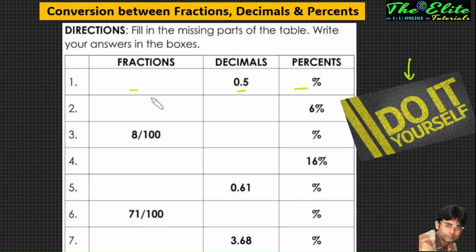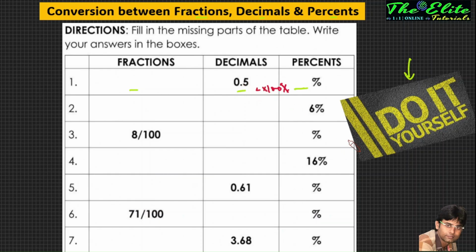You can see here that 0.5 into percent, as I told you earlier, just multiply a decimal number by 100%, you will get this percent. Okay, the percentage sign is already written down here, so we can just think of multiplying this by 100.